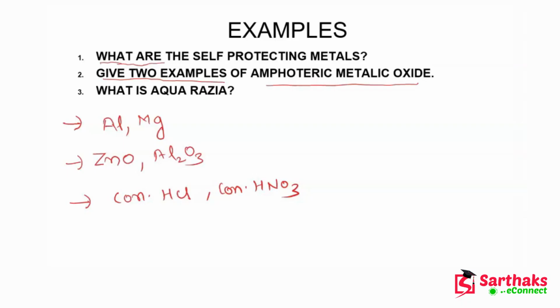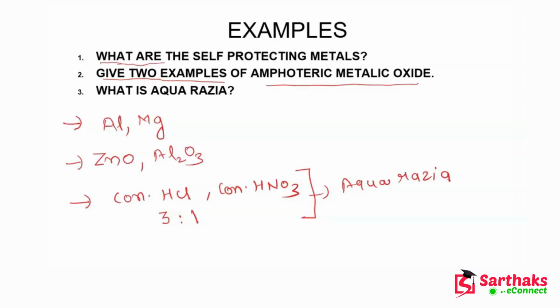Now you have to mix it in a ratio of 3:1. Okay, you have to take 3 parts of HCl and 1 part of HNO3. So this mixture is known as aqua regia, and this is used to dissolve gold.